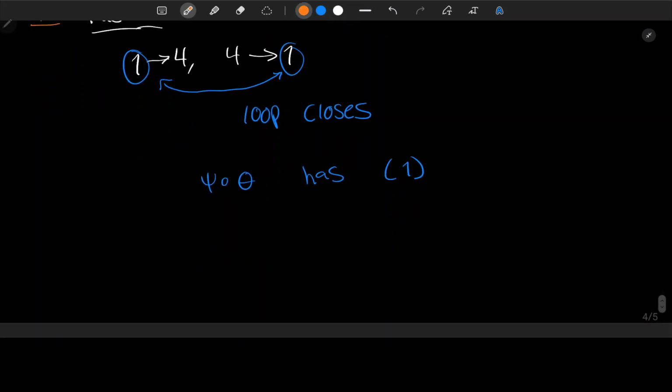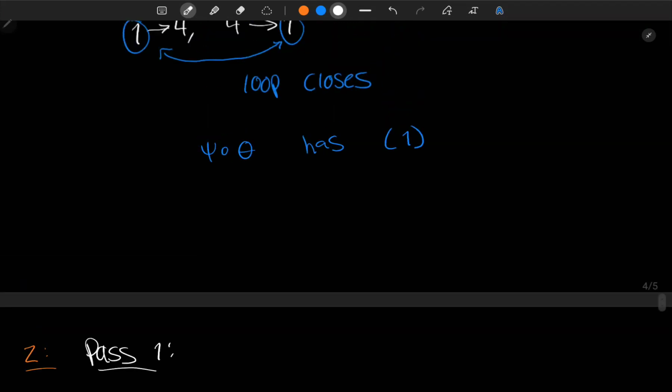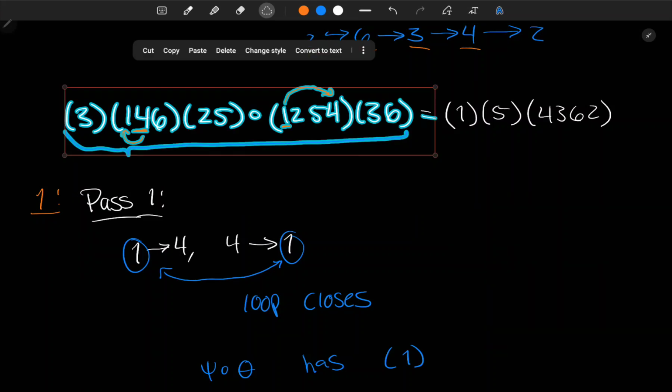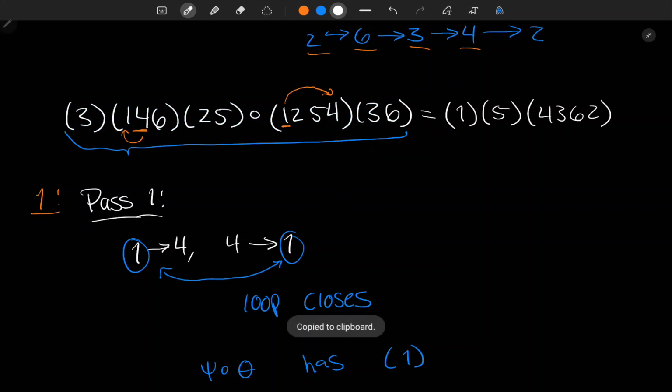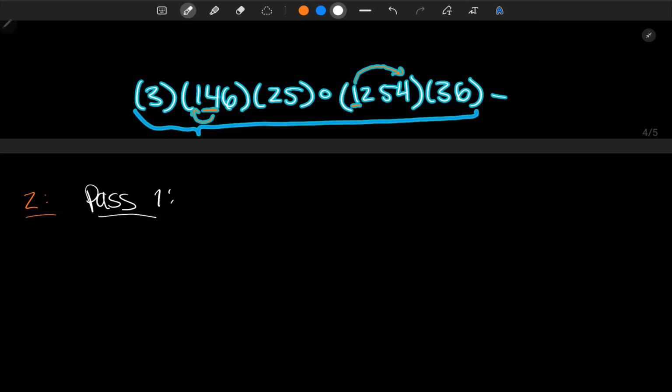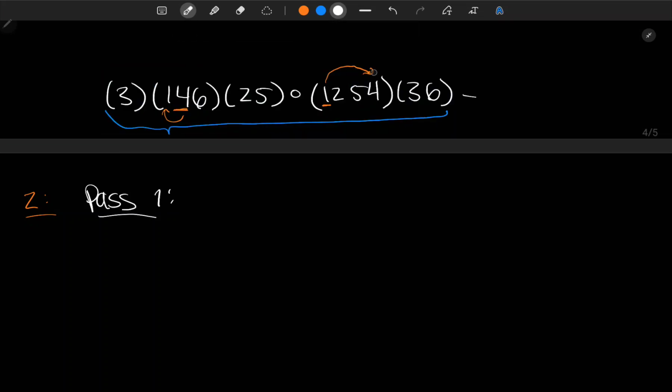Great. Next, we consider 2. So in pass 1, let me copy and paste this to move down, just so we can see it. So we have psi composed with theta written here. And we look for 2.